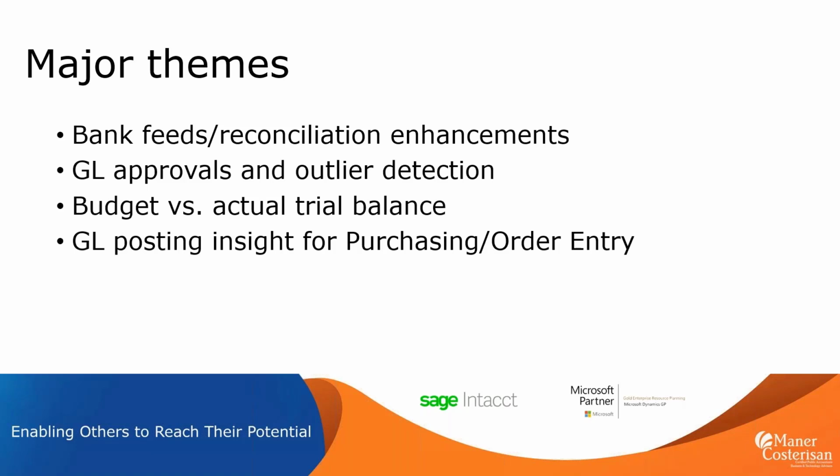And you need to do some cross-referencing and some manual work to verify that the posting is correct. But Intacct is going to be adding a tab that allows you to see the GL impact of a purchasing or order entry transaction without jumping through hoops to find it out.